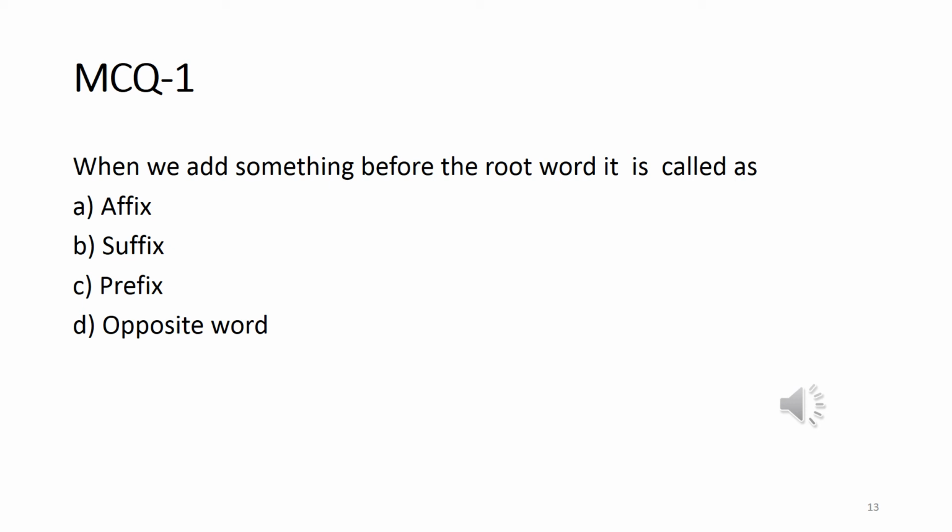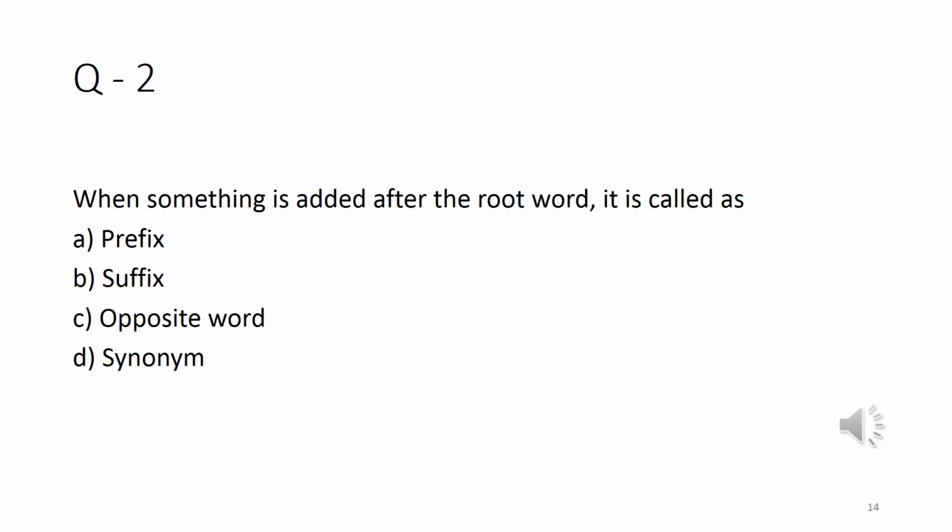When we add something before the root word, it is called: affix, suffix, prefix, opposite word. Question number 2. When something is added after the root word, it is called: prefix, suffix, opposite word, synonym.